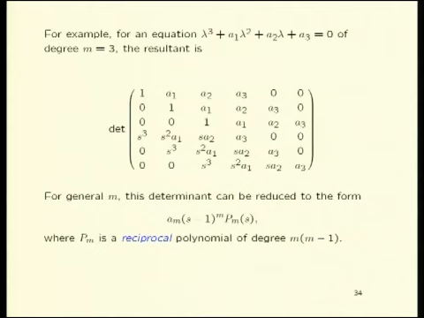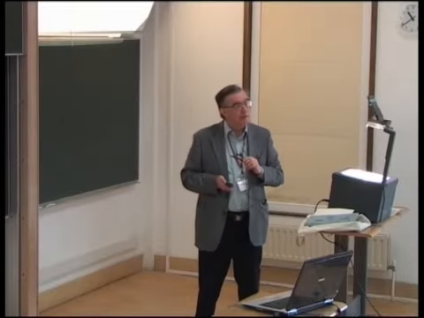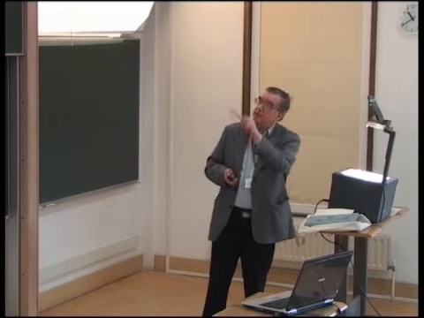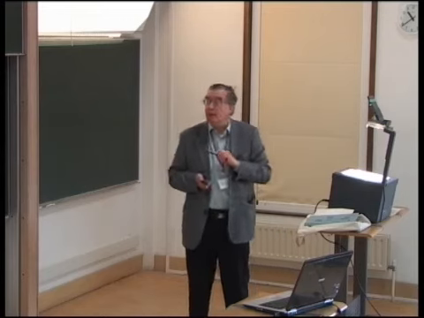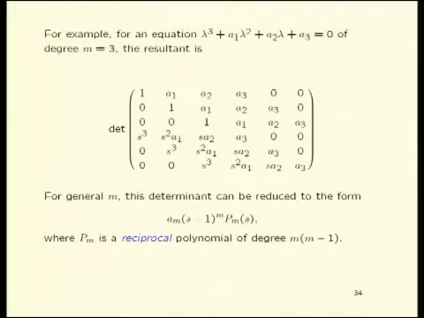Now you can see there's a lot of structure there. So the determinant has lots of factors. In fact, it has S minus 1 to the power m, where m is the size. m was 3 in that example. And the rest of it that matters is actually a reciprocal polynomial, which just means replacing S by S inverse doesn't make any difference.